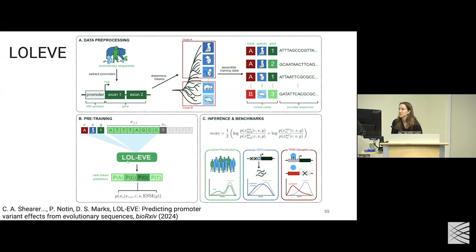You can check out a preprint I put out earlier, I think last week, on my new model called LaLIB, which is trying to do this. Essentially it trains on promoter regions explicitly, across evolution, in tandem with protein language model embeddings to give you a prediction of the deleterious or pathogenic effect of indels.